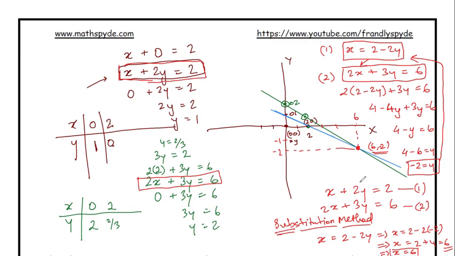So now when you solve your equations simultaneously, the values of x and y that you get are the coordinates of the point of intersection of those two lines represented by those two equations. Make sense?